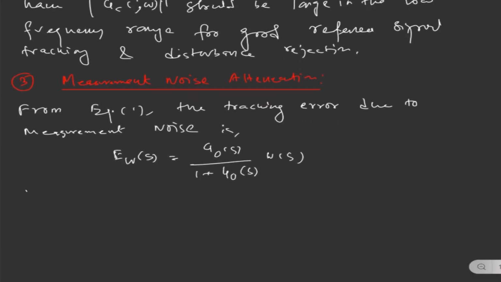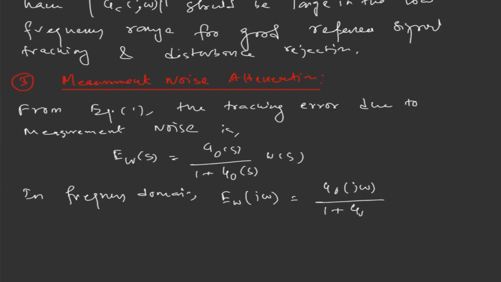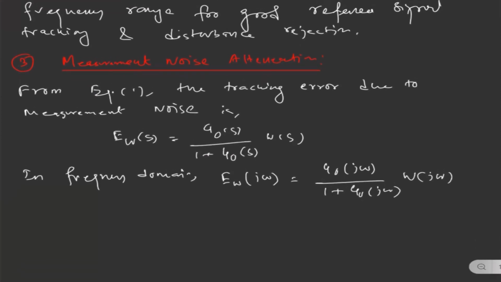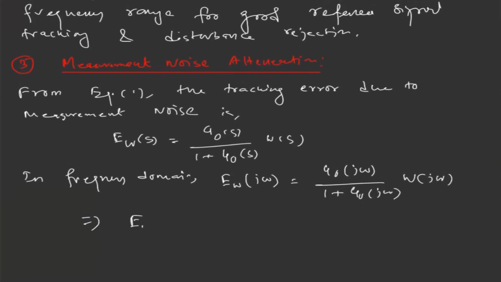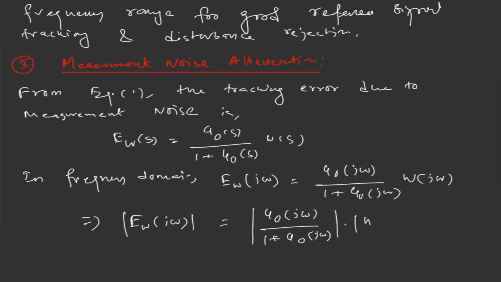And in the frequency domain, we can write E_W(j omega) equal to G naught(j omega) over 1 plus G naught(j omega), times W(j omega). In magnitude, we can write |E_W(j omega)| equal to |G naught(j omega) over 1 plus G naught(j omega)| times |W(j omega)|.